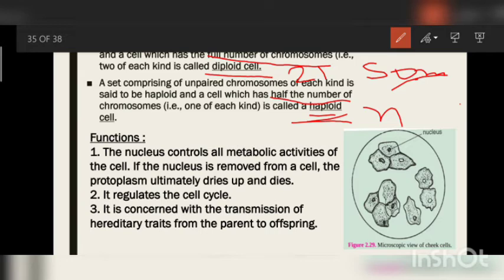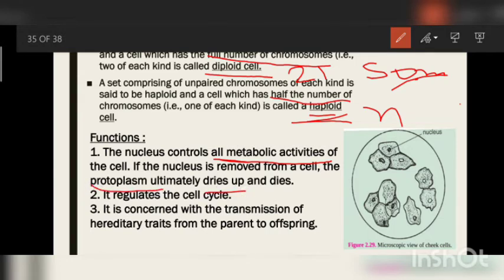Okay, now moving on to the last part, that is the functions of the nucleus. There are three main functions. First function, they control all metabolic activities of the cell. And if they ask you what will happen when the nucleus is removed from the cell, then what will happen? There will be no protoplasm.